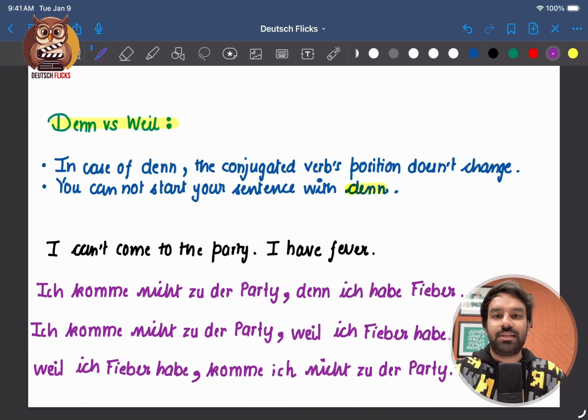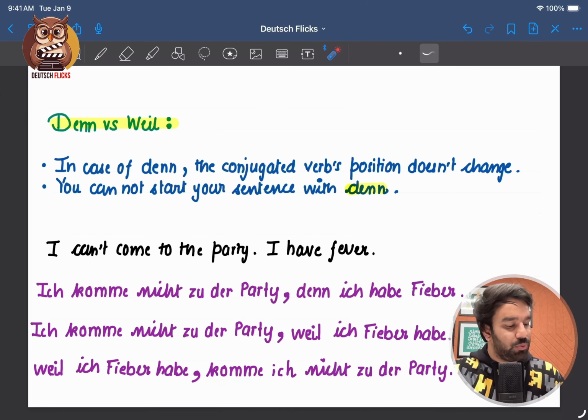So first up with denn, ich komme nicht zu der Party, denn ich habe Fieber. So my conjugated verb stays at the same position. Now with weil, ich komme nicht zu der Party, weil ich Fieber habe. My conjugated verb goes to the end. Now if I'm starting my sentence with weil, ich Fieber habe, komme ich nicht zu der Party.